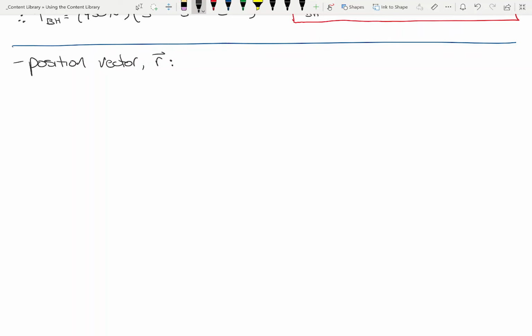Up until now, we've been taking moments about a point, but we're not really doing that. Now we're taking moments about an axis. So I'm going to refine my definition a little bit. R is going to start anywhere along the axis in question.